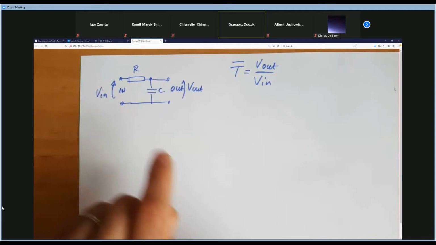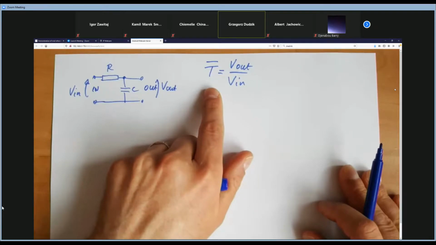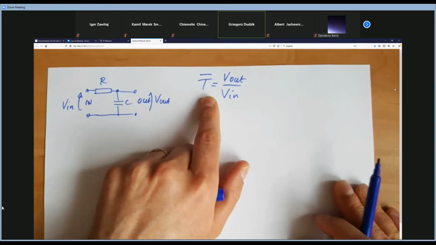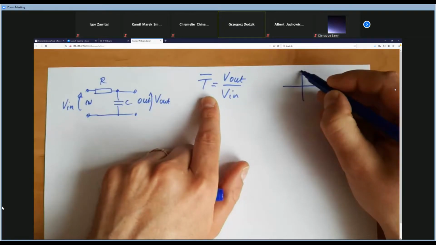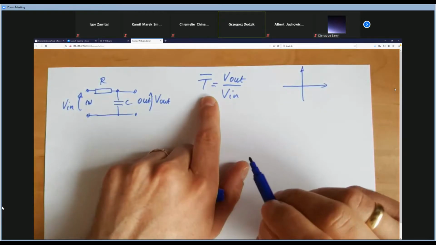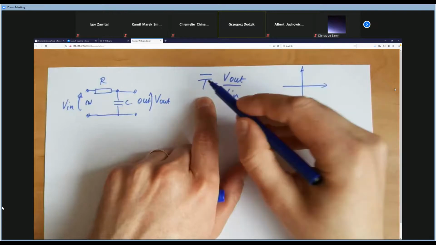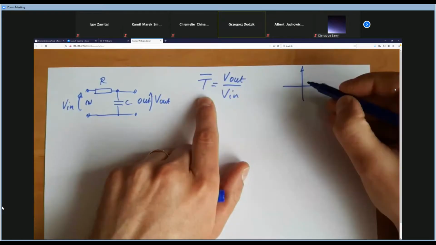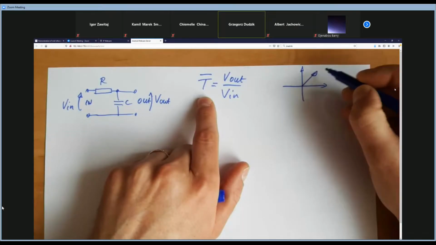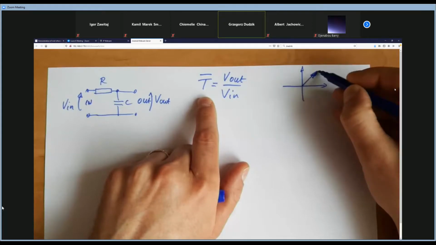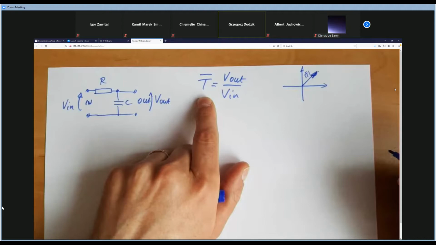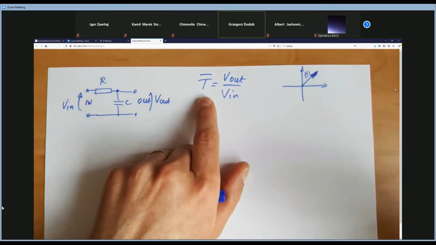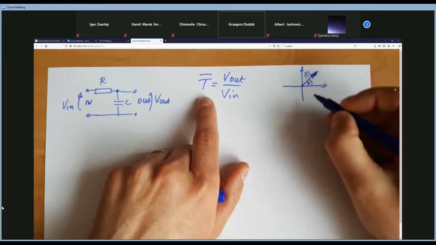But if the transmittance is a complex number, the T vector can be, for example, here, and the length of this vector, the value of the vector, will be the modulus of T. And here we've got phi, the angle.